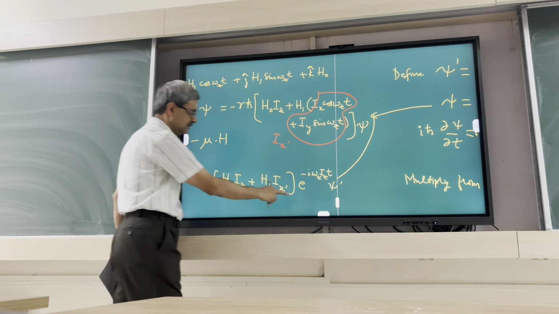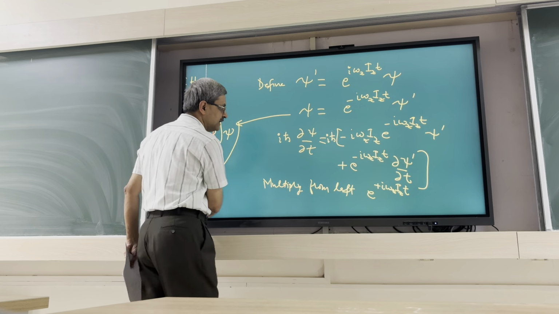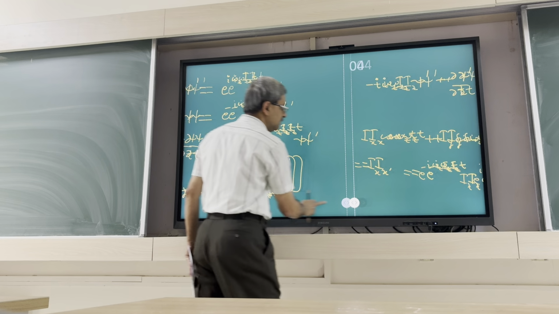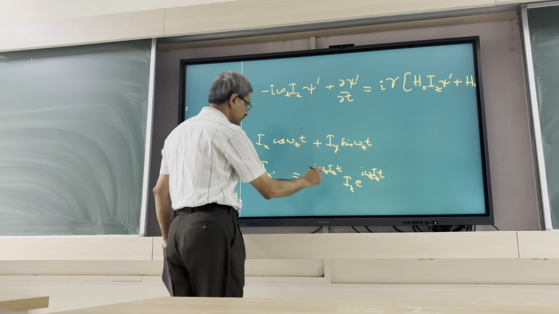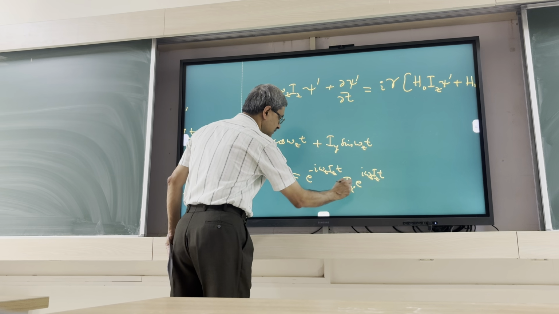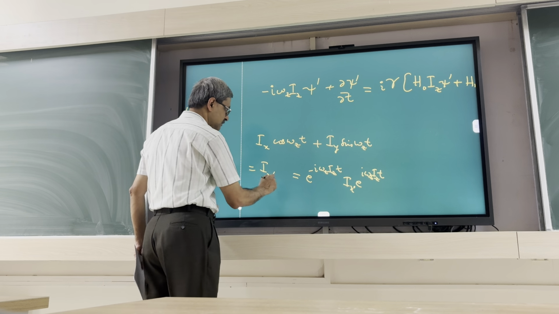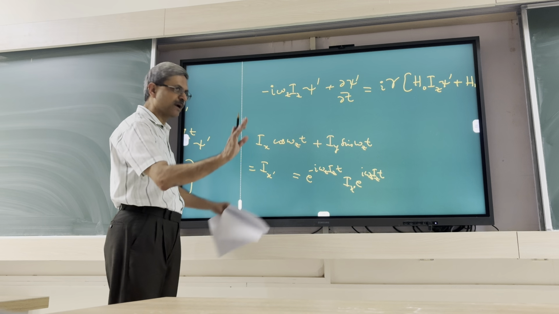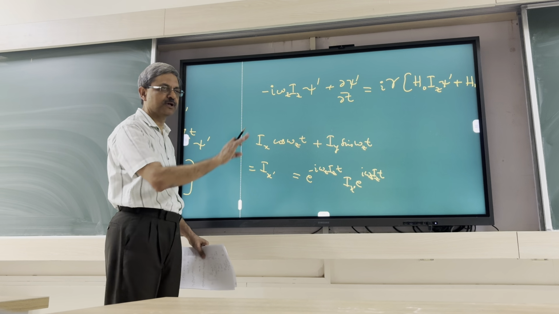Plus i omega z I x prime. So what I get is a term like, so I z prime is equal to I z. I think that's why we are getting the same term. Because I z prime is I z, yes. Rotation is about the z.